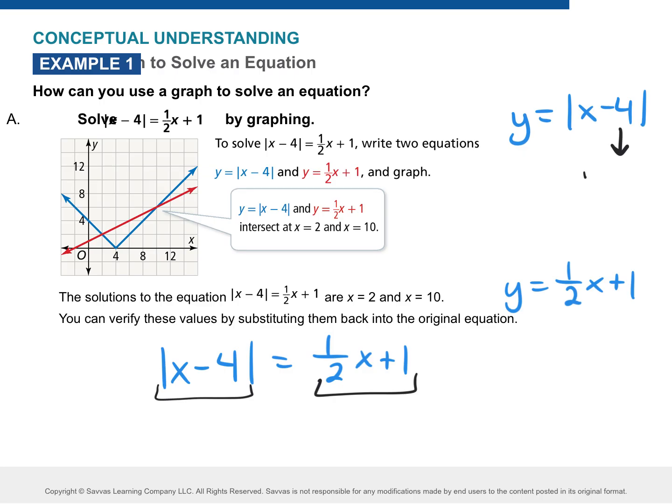Think opposite. Yep, we go right 4. Is anything happening with the y value? No. Notice in the graph over here, they went right 4. That's where they started their vertex. How did they get all the other points to make the V?